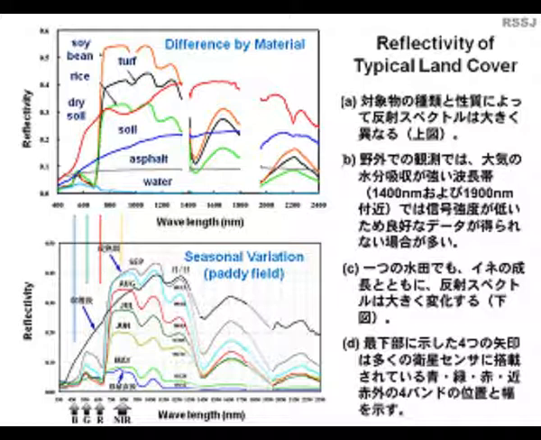The lower figure shows a seasonal variation of a paddy field. The lowest one is May. In Japan, we plant in the spring season, and the harvest season is almost September, maybe September. So this is maybe the planting season.